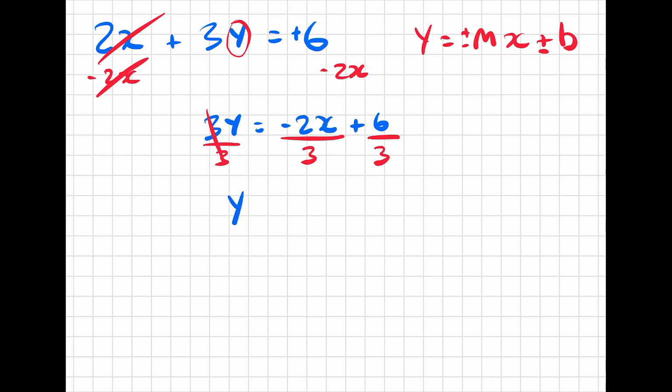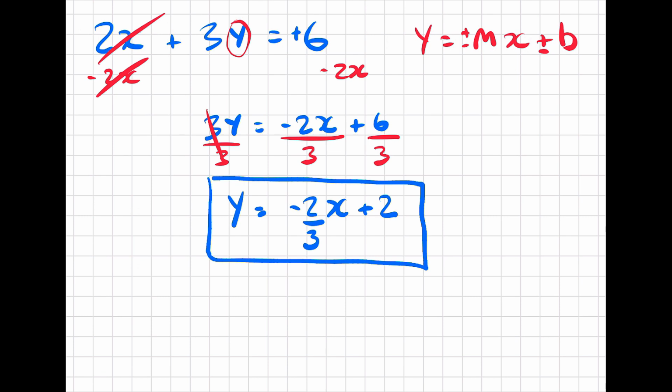We've got the value of 1y is going to equal, now it's negative 2 over 3x. Okay, so in this case, I'm just going to leave it like that because that's my m value. Negative 2 is going to be my change in y, and positive 3 will be my change in x. Okay, don't forget we need to have that b value there, and it's going to be 6 divided by 3, which is 2. So that is that equation in the slope-intercept form.